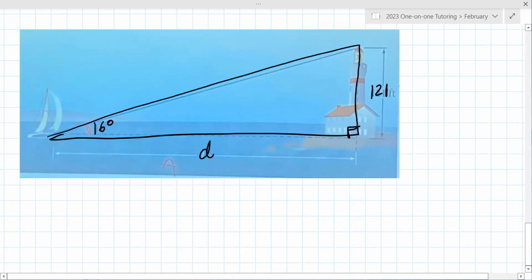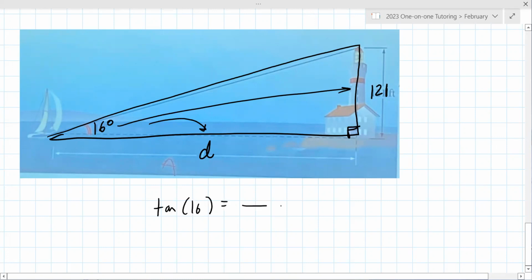Relative to 16 degrees, what is 121 and what is D? D is the adjacent, 121 is the opposite. So tangent of 16 degrees equals what over what? Opposite over adjacent. So then that would be 121 over D.